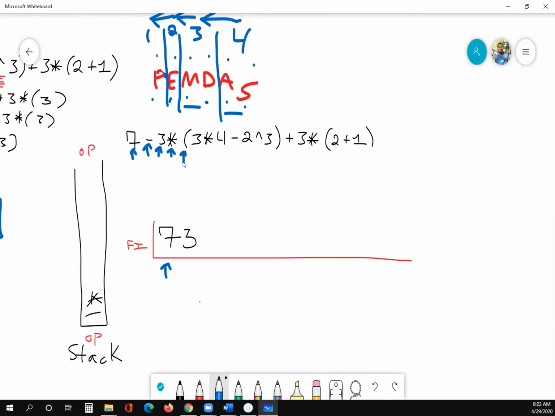Now, when we get to parentheses, it's a little bit different. Parentheses is first. So when we open up a parentheses, meaning that we put it into the stack, it's an operator, but it has the highest of the hierarchies. So that means everything inside of that operator has to be done first before we could return back to this colorful place right here.